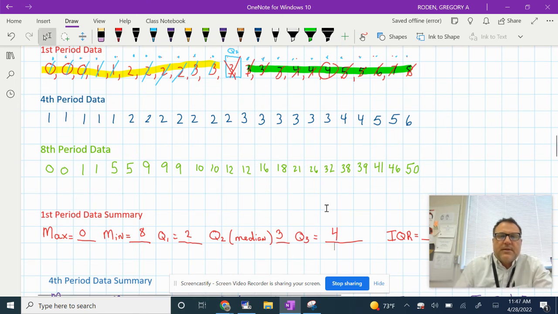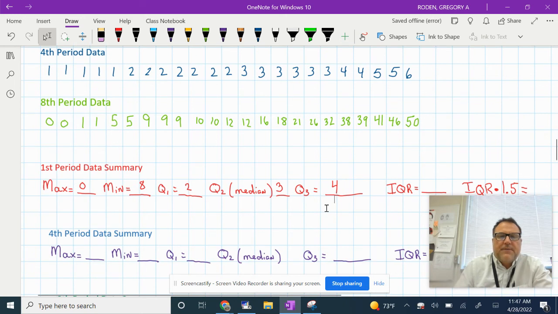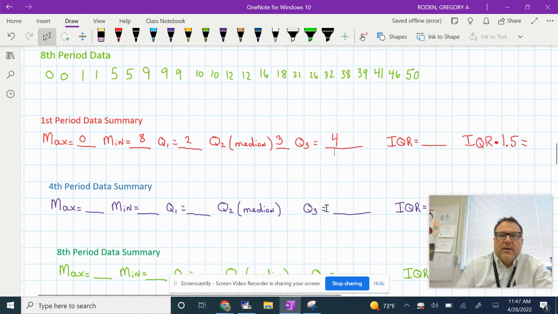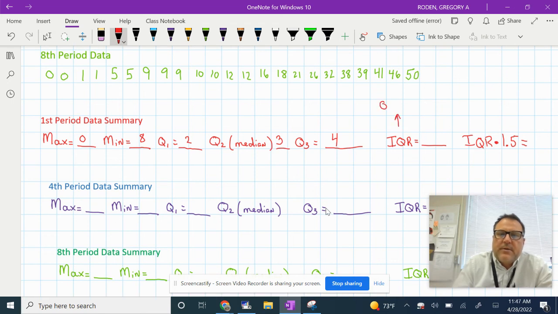Okay, so now the next thing I want to do is figure out my IQR. Now, how do you find the IQR? Well, the IQR we learned yesterday is Q3 minus Q1. It's called your interquartile range, if you want to know what the IQR stands for.